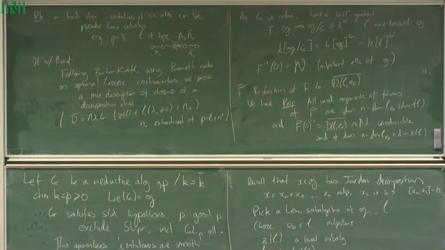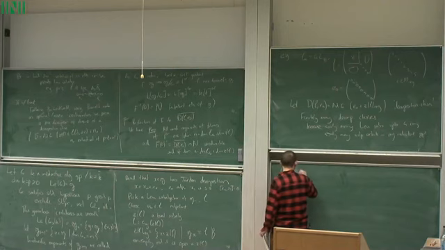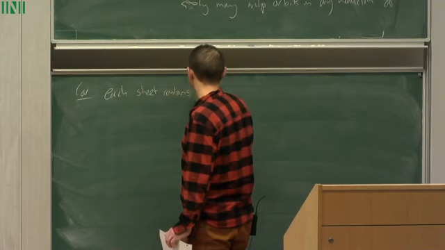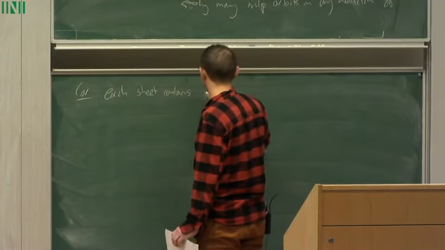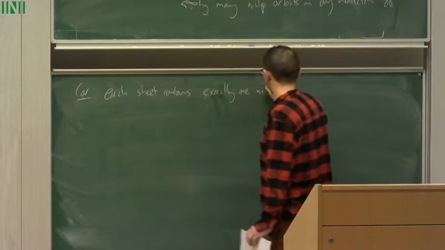So if I write that down, the corollary is that each sheet contains exactly one nilpotent orbit.